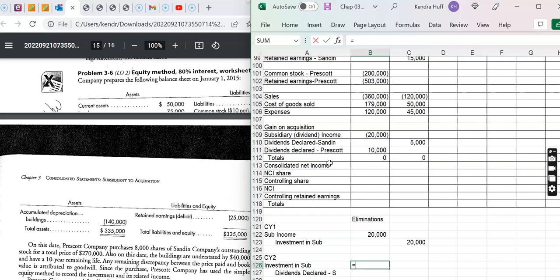It's just going to be my 80%. So 5,000 times 0.8. Oh my gosh.